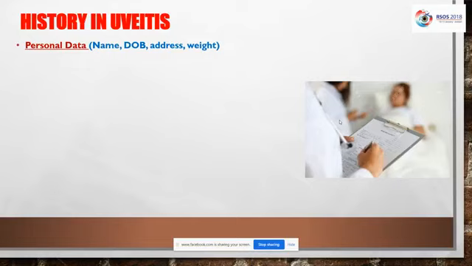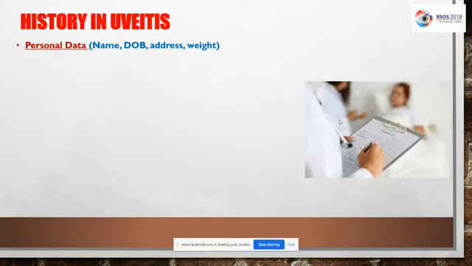So it's important to take the personal data first regarding the name, the date of birth, the address, weight. The date of birth is important because the age of the patient is very important for excluding specific types of uveitis. As in some uveitis patients, the etiology can be guided by the age, because in those patients with young age, for example, those patients with juvenile rheumatoid arthritis, the main age group is children.